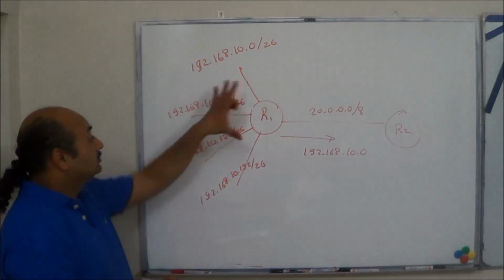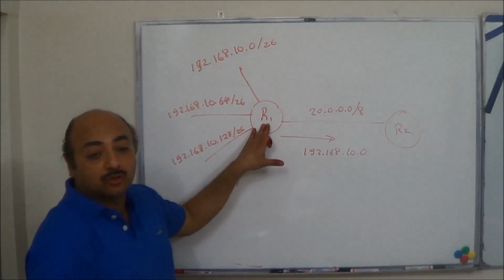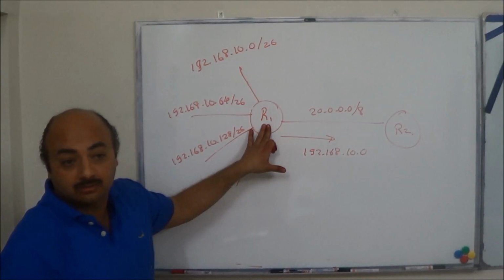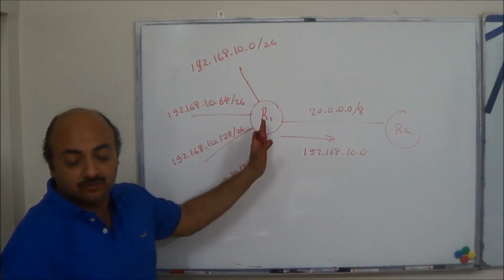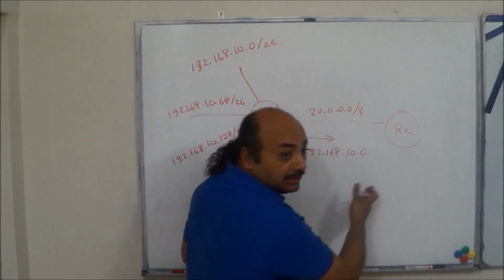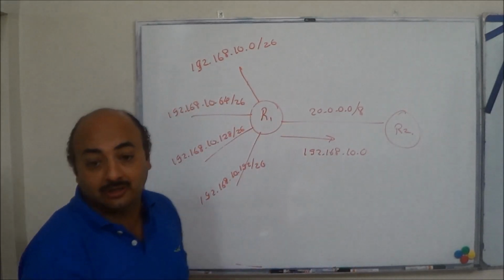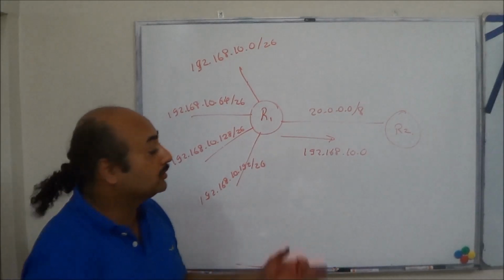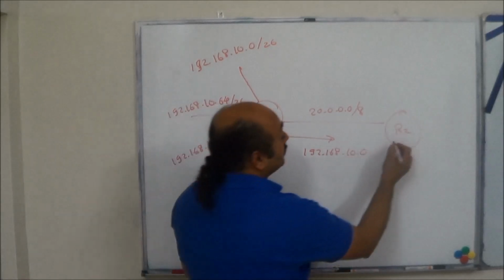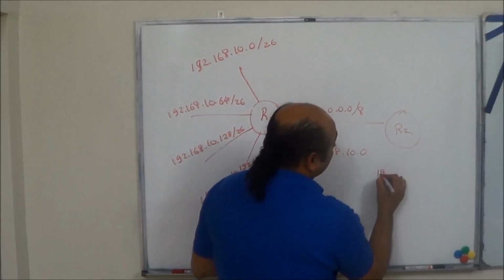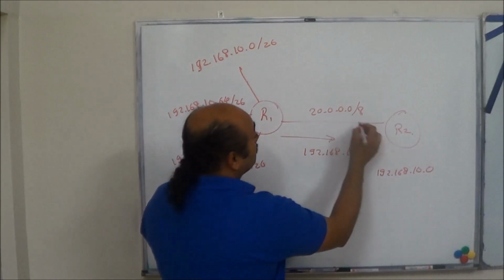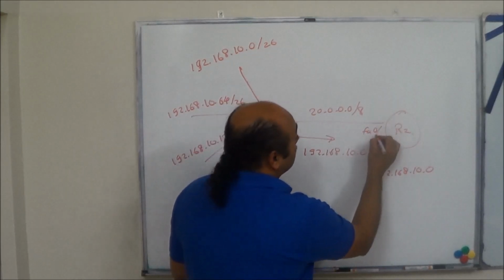Now what is the use? This is R1 is doing what? It has nothing to do with subnet mask. It is automatically summarizing. Whether it was RIP version 1 or RIP version 2. What is the use? Because of the effort required for sending 4 subnets. Instead of sending 4 subnets, you are just sending the major network. Now, what will this install? 192.168.10.0 towards what?